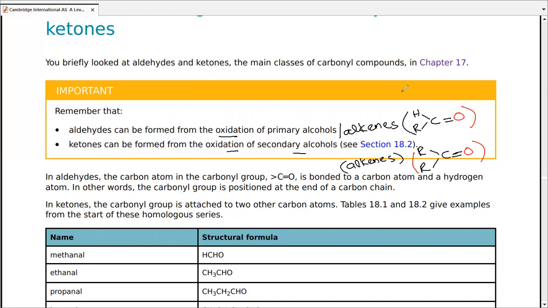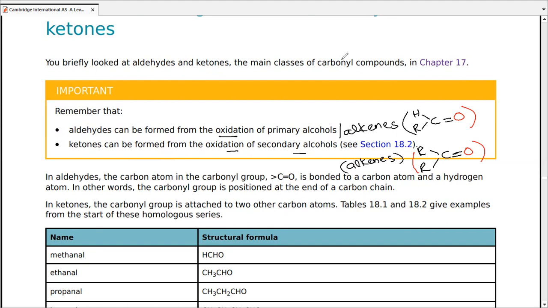I don't know whether you're going to agree with me or not, but this makes a lot of sense to me. Okay, so let's move on. In aldehydes, the carbonyl carbon atom is bonded to a carbon atom and a hydrogen atom, and then on the other side there is a carbon chain. In ketones, the carbonyl group is attached to other carbon atoms or chains.